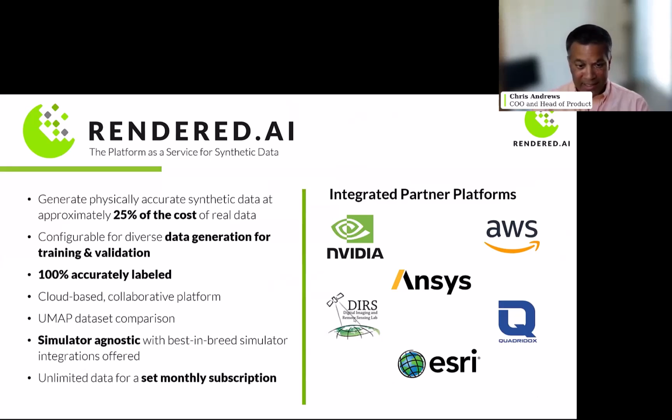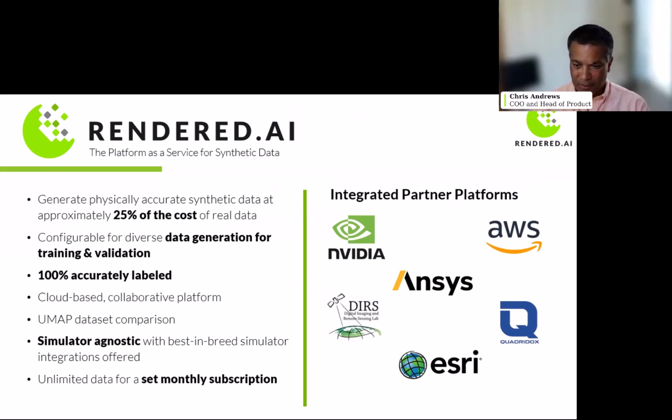RIT's DIRS lab produces a simulator for government that was funded by government research grants that is one of the most physically accurate simulators out there, that's been productized for generating a wide variety of sensor modalities, hyperspectral, multispectral. They can do some types of SAR.